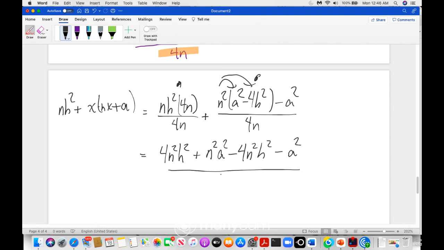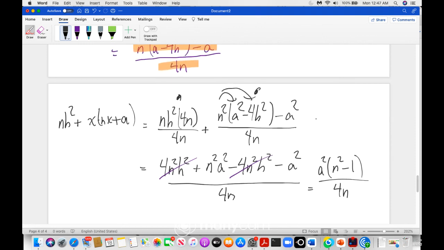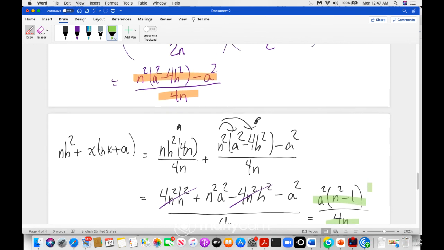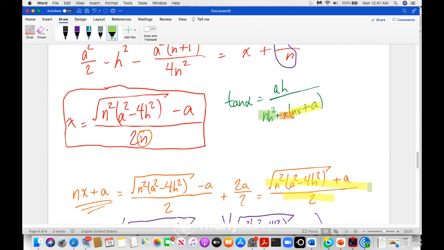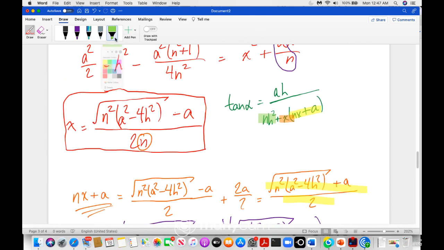I know this looks bad, but it's actually beautiful because these cancel. Oh no. And we can factor out the a squared, and we get n squared minus 1, and then this is all divided by 4n. Okay, so that is going to be that portion. Okay, so we're almost done. I promise this time, okay?